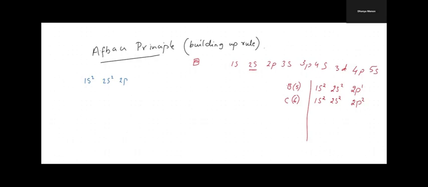Now, you know p has 3 orbitals, this is px, py, and pz along the 3 axes as I showed you. So the electrons will occupy the x orbital, y orbital. This will not have any electron.